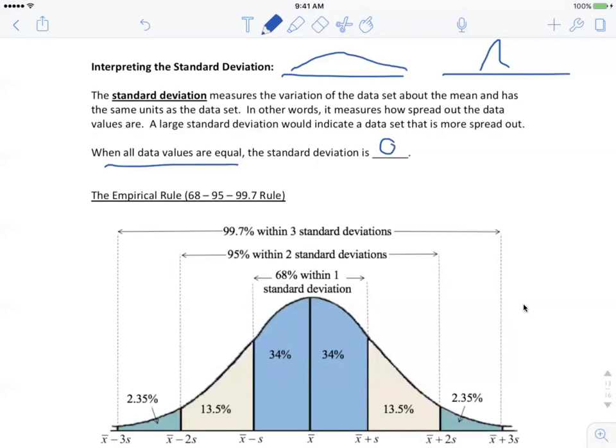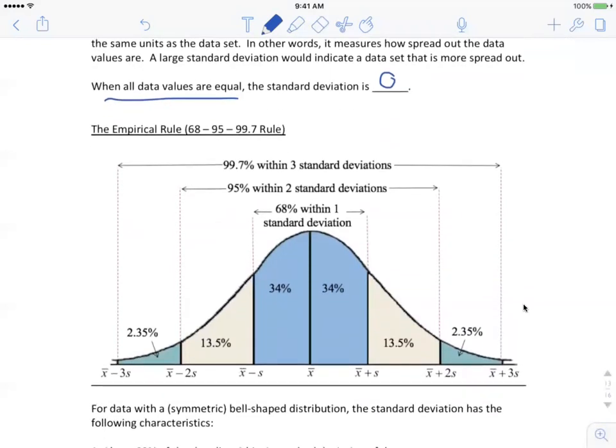The highlight of this video is going to be this empirical rule. It's also called the 68, 95, 99.7 rule. And it talks about populations that have a symmetric bell-shaped distribution, right?